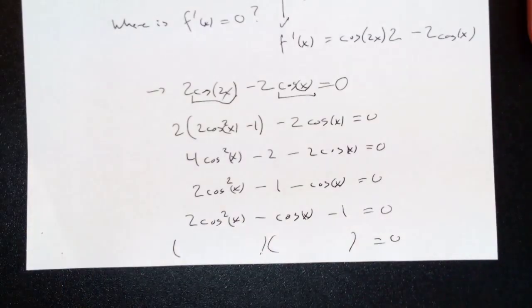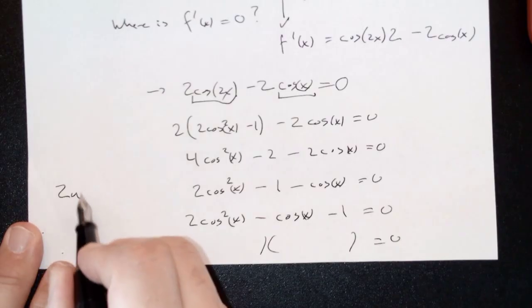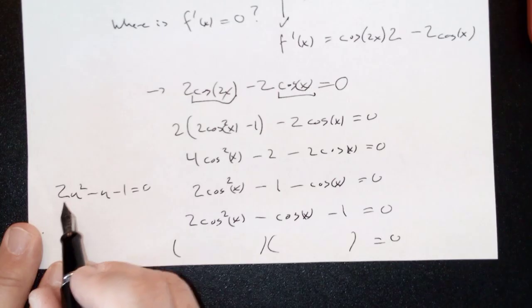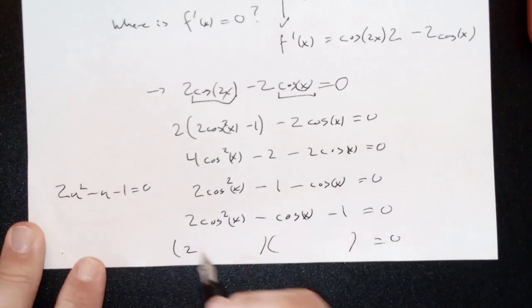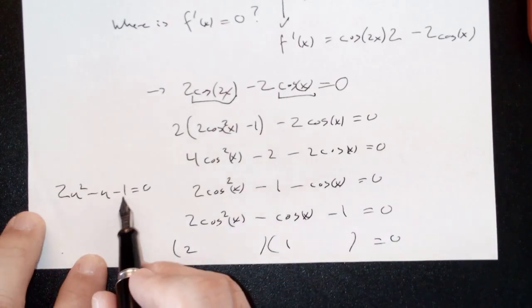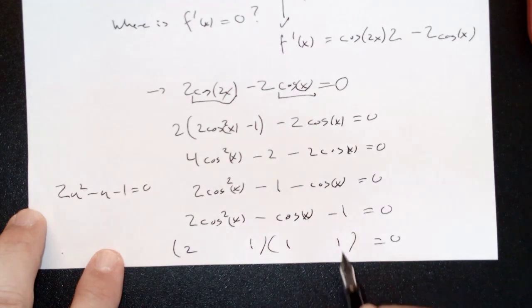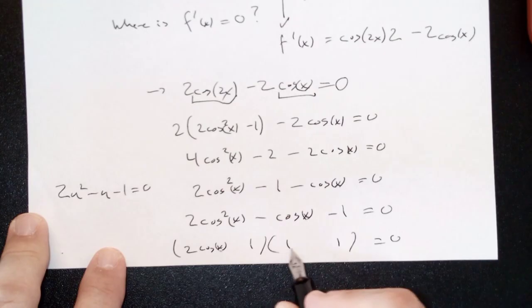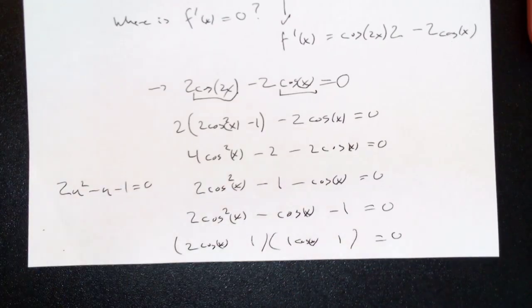All right, wait a minute. I've got 2 ugly squared minus ugly minus 1 equals 0. I've got a 2 here. That means I'm going to need a 2 and a 1. I've got a 1 here. I'm going to need a 1 and a 1. Normally I would write u, but I'll write cosine of x instead. One of those gets a plus, one of those gets a minus because it's a negative 1.